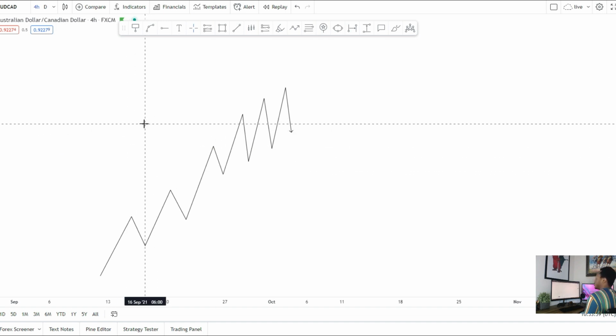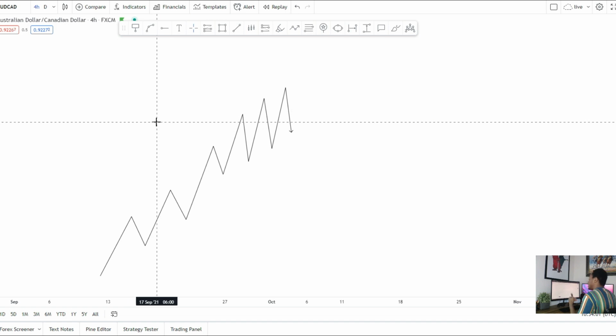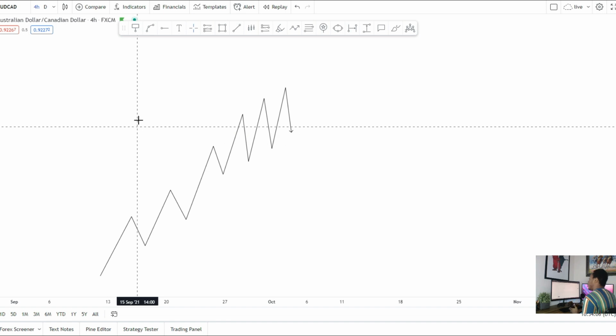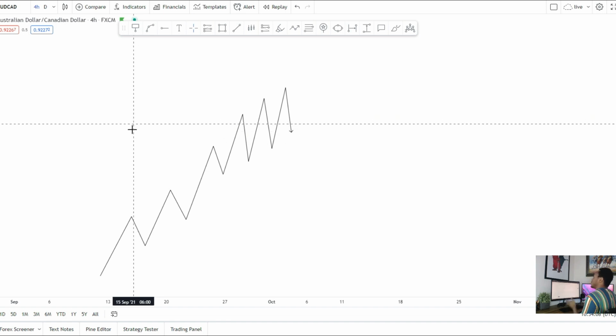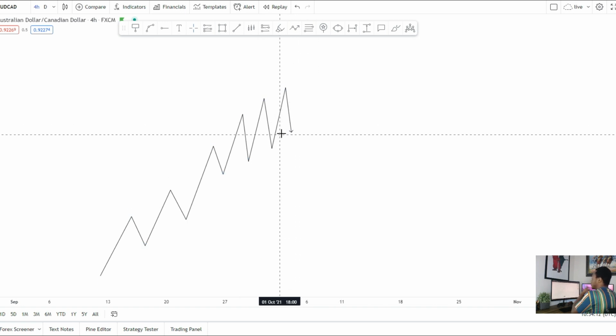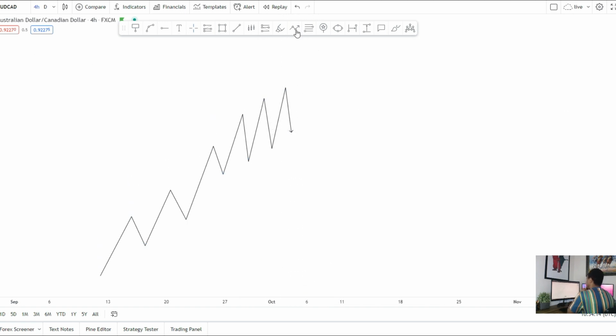We need more confirmations for that, which leads us onto the second confirmation, which is probably more important than the first: to look for the market to produce lower highs, especially for a bullish trend, and higher lows for a bearish trend, but we'll get onto that in a second. So let me give you an example.